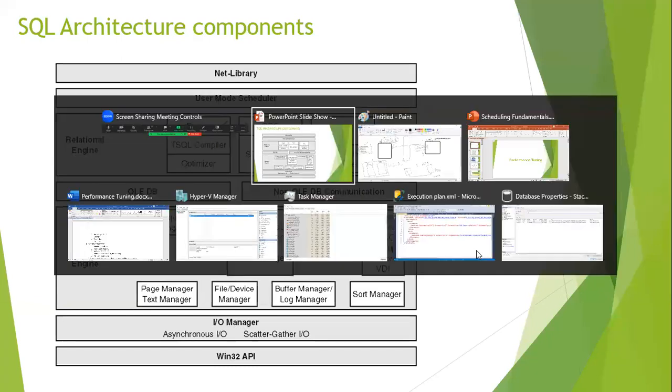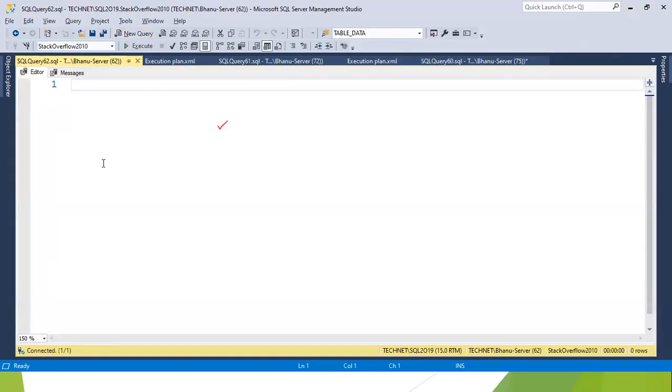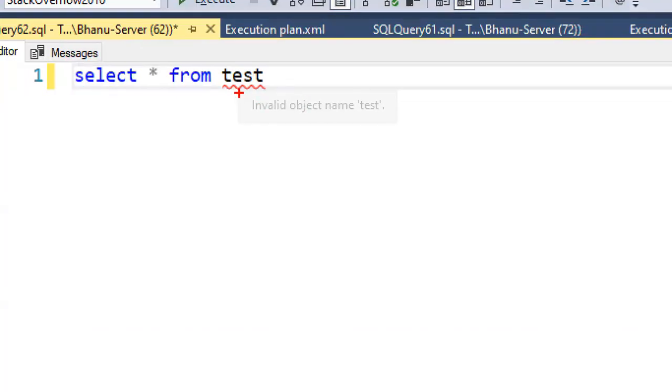For example, if I consider a query, select star from test, it is showing as red. If you see here, invalid object name, the table name is invalid because I don't have a table with the name test.